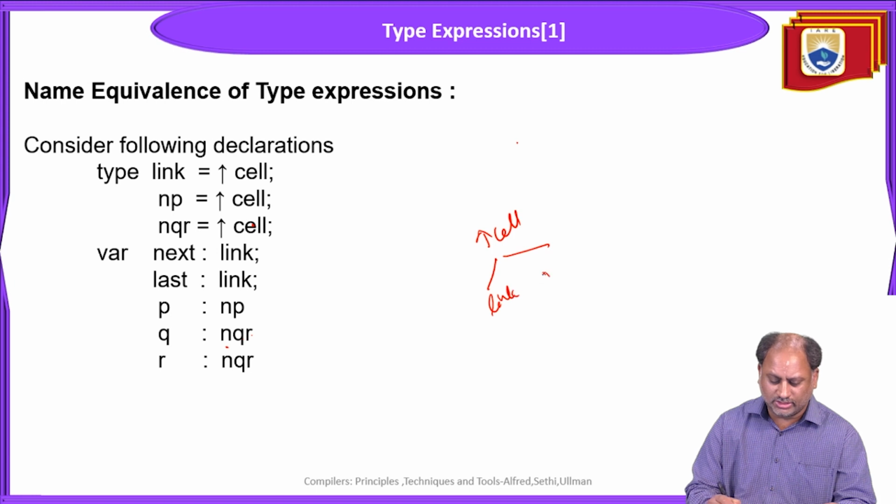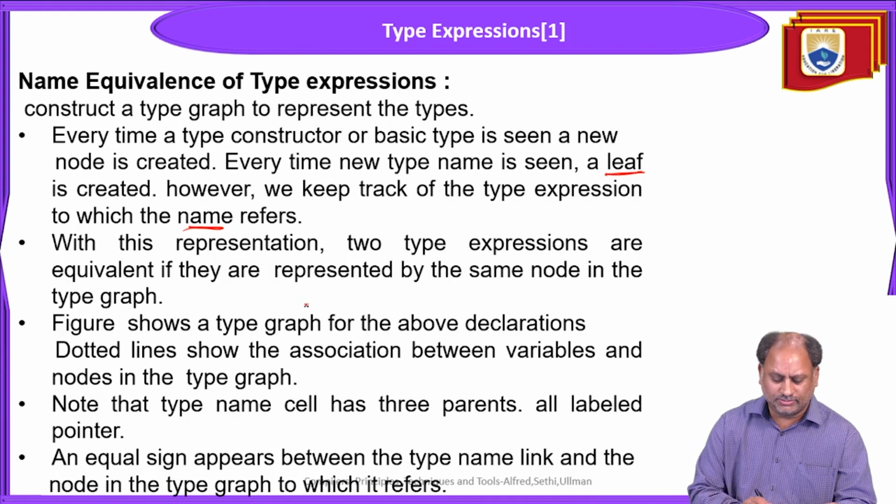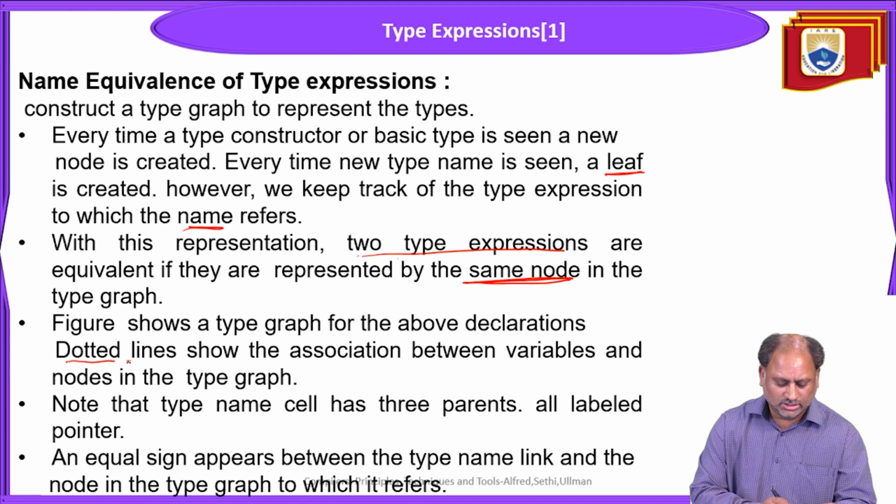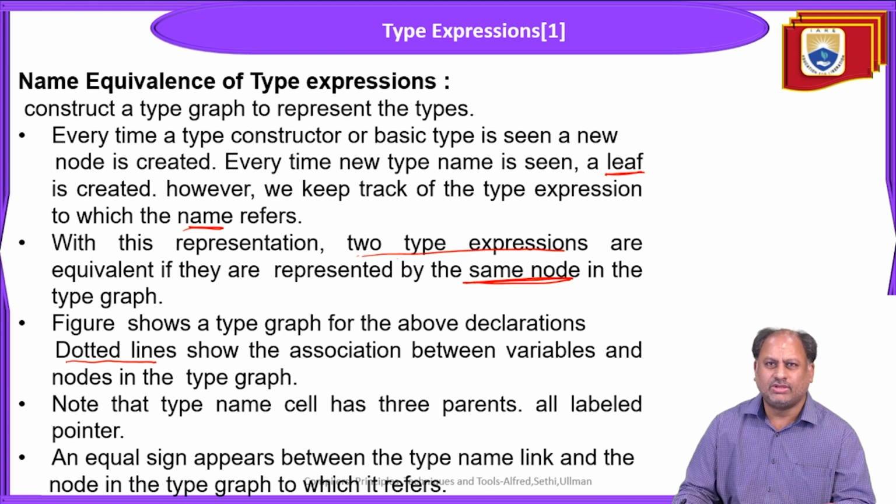Link is referring to pointer to NP. If two type expressions are referring to the same node in the type graph notation, then those expressions are to be represented as separate declarations with dotted lines, which show the association between the variables and the nodes in the type graph. Instead of a line, we are going to write a dotted line representing the association between variables and nodes in the graph.